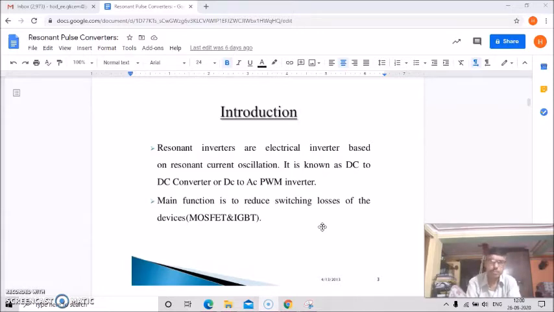MOSFET and IGBT are very good switching devices, but they have certain demerits, some switching losses, so that can be overcome with this resonant pulse conversion process. Actually it cannot be completely eliminated in any electronic device, but it can be reduced.